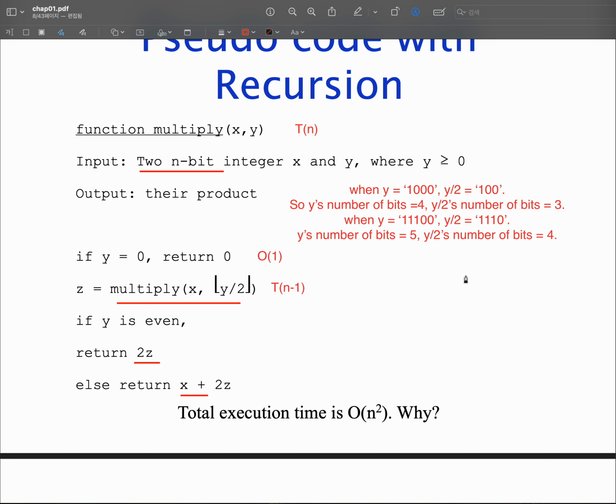So that's it. That's why this is Tn and this is Tn minus 1, okay?